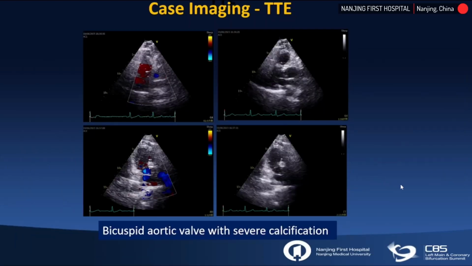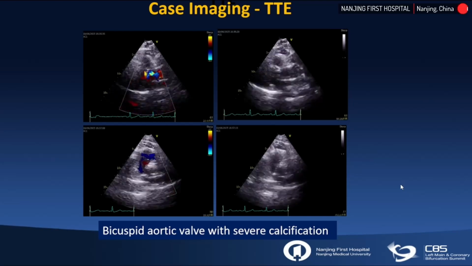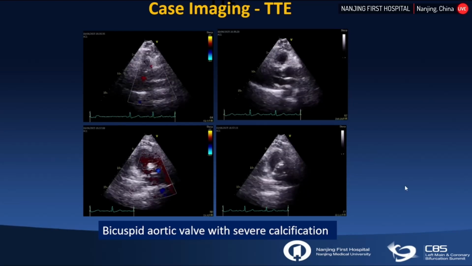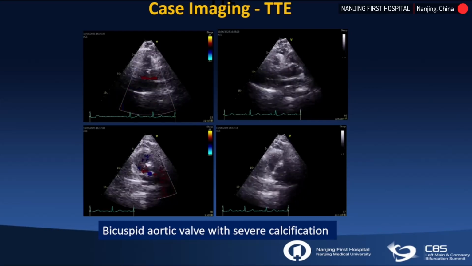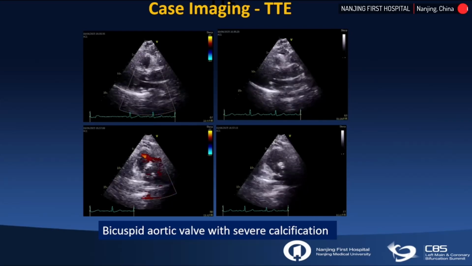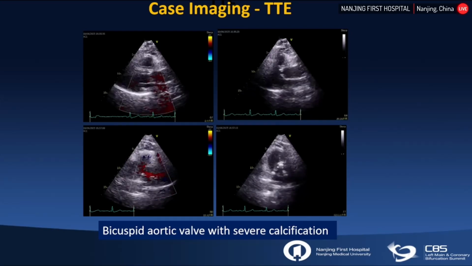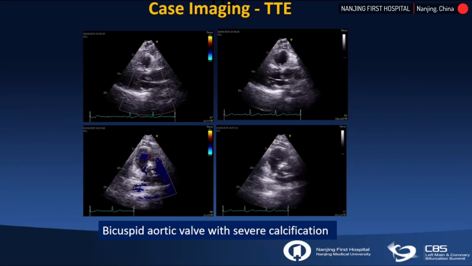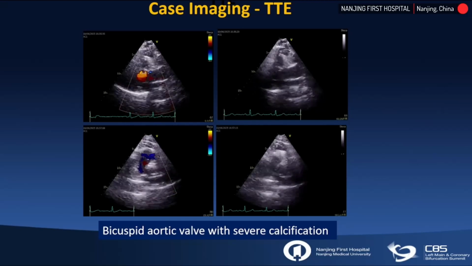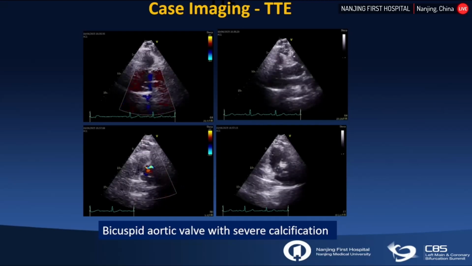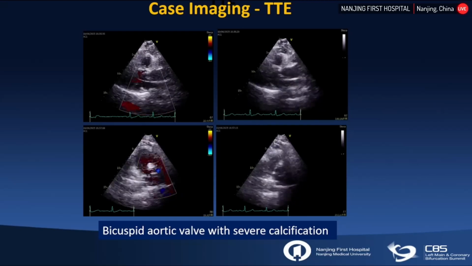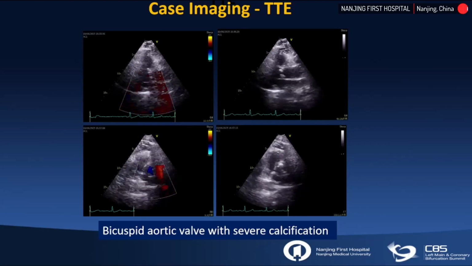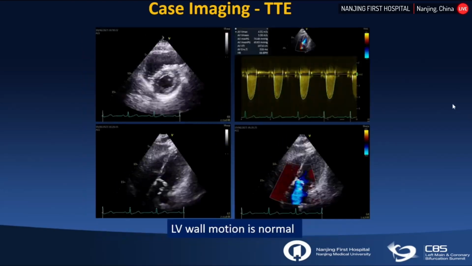You can see this is a baseline TTE echo. It's a typical severe aortic stenosis, and you can see a severe calcification due to the bicuspid valve. Maybe not so clearly from TTE, you can see the right and the left cusp fusion with a calcified carina.